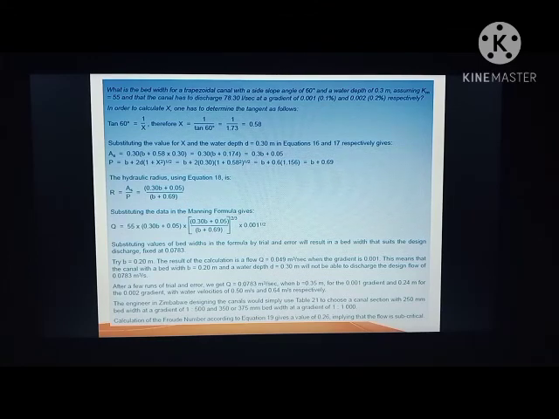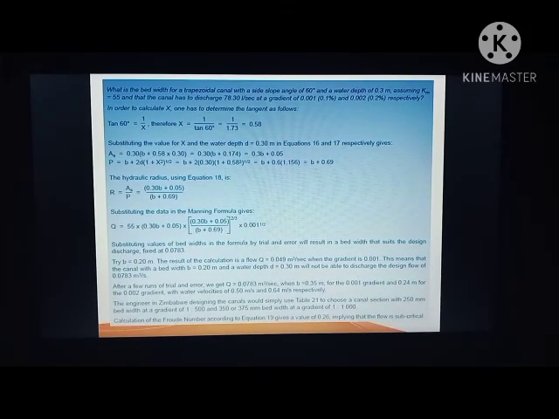The perimeter is equal to b plus 2d multiplied by (1 plus x squared) raised to 1/2, which is b plus 2 multiplied by 0.30 multiplied by (1 plus 0.58 squared) raised to 1/2, or b plus 0.6 multiplied by 1.156, which is b plus 0.69.